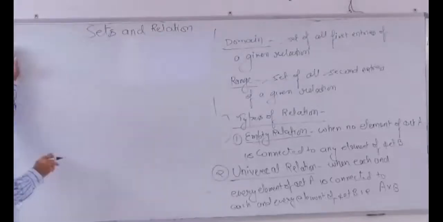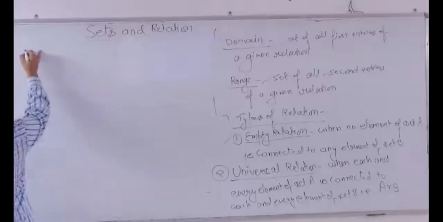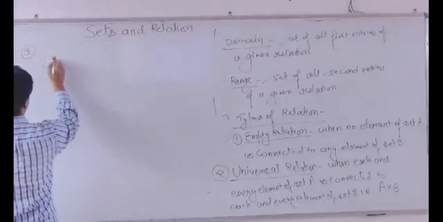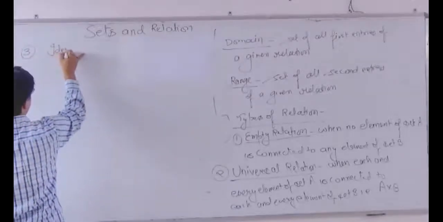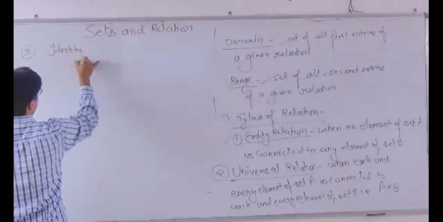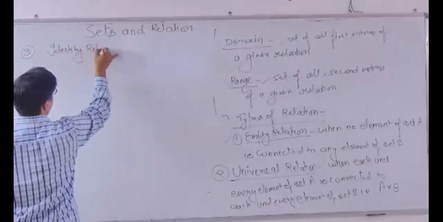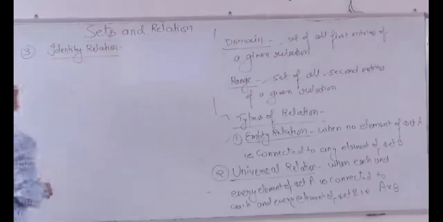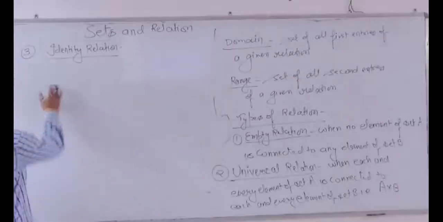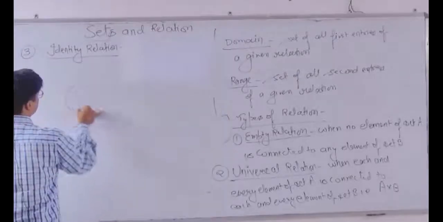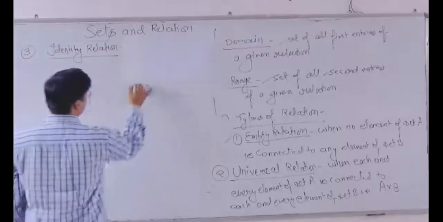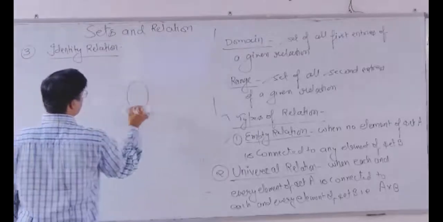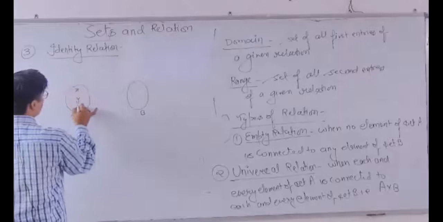Third one, let's say identity relation. Understand identity relation. Let's say this is your set A and this is your set B, X, Y, Z.